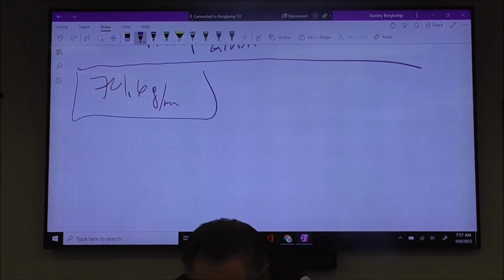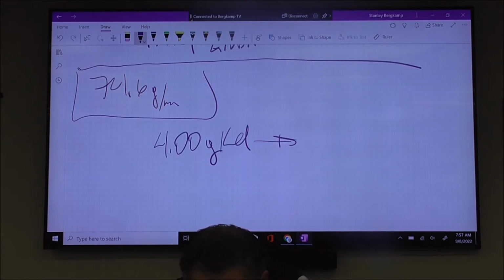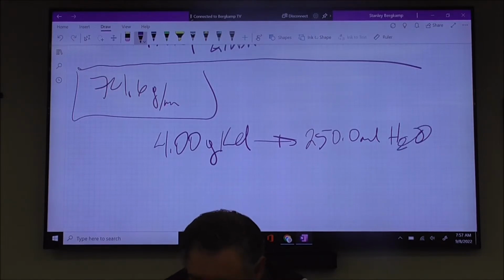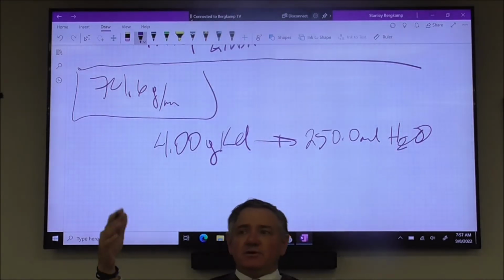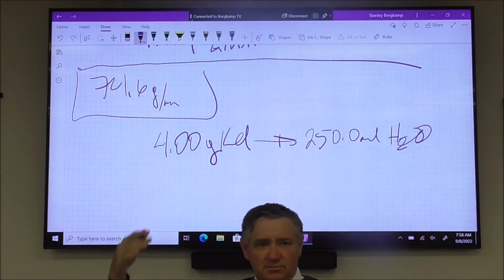So I'm going to give Raman 4 grams of potassium chloride, and she's going to dump that into 250 milliliters of water. And I want her to be able to calculate the molarity.